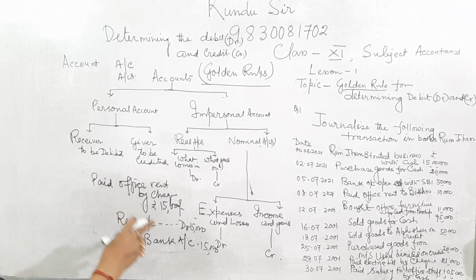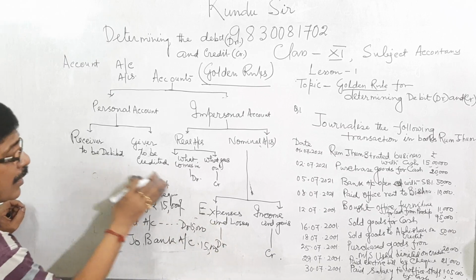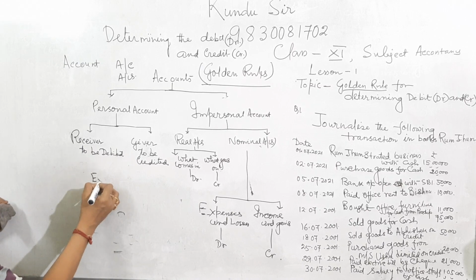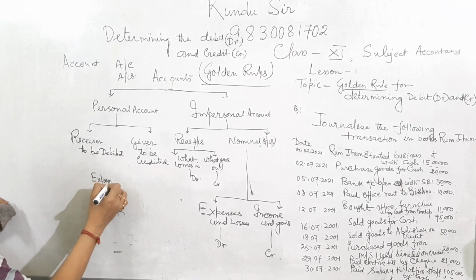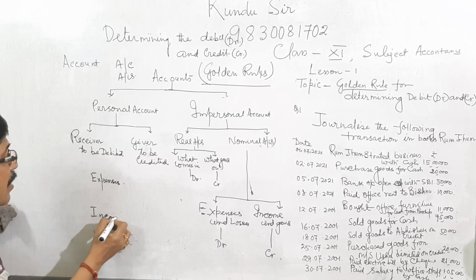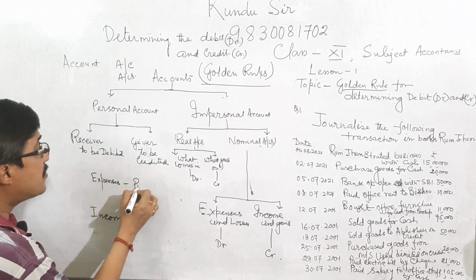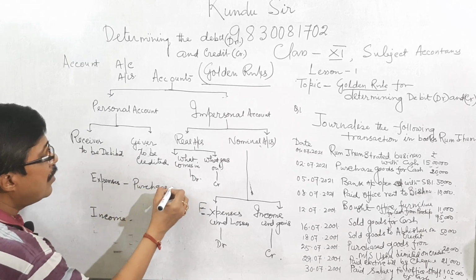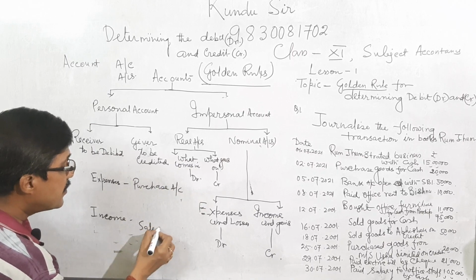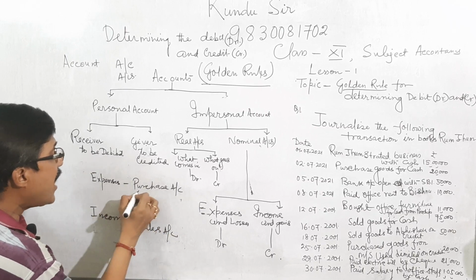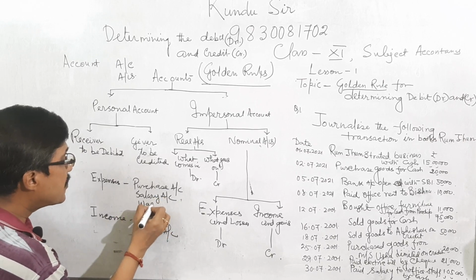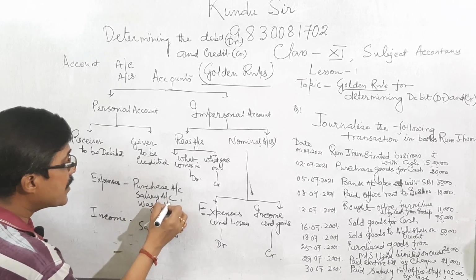Now I am mentioning some nominal accounts. Examples of nominal accounts are expenses and losses, and income. Under expenses, the main one is the purchase account. Then income: sales. Then salary, expenses; wages account, expenses.